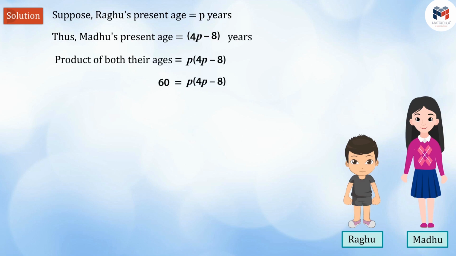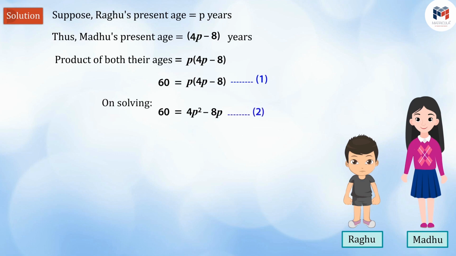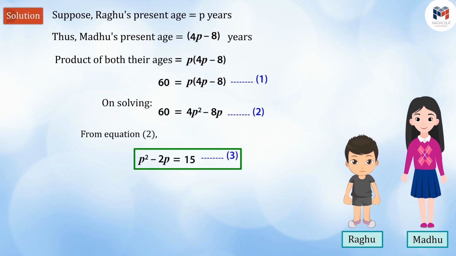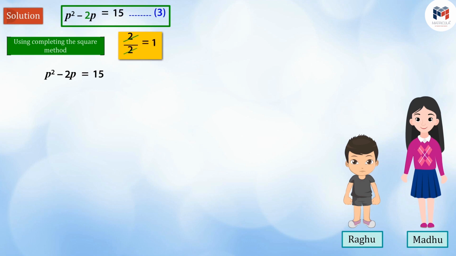The product of both their ages is given as 60, which we shall consider as equation 1. Solving equation 1, we get equation 2, which is 60 equal to 4p square minus 8p. Simplifying equation 2, we get equation 3. If we divide the coefficient of p in equation 3 by 2, we will get 1.